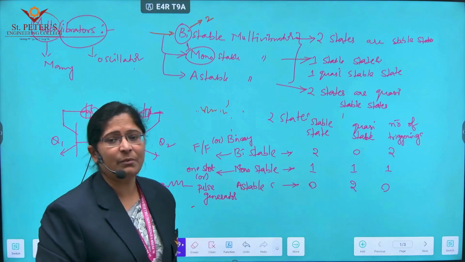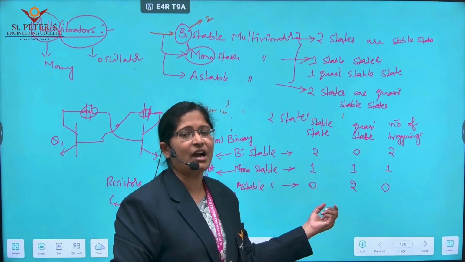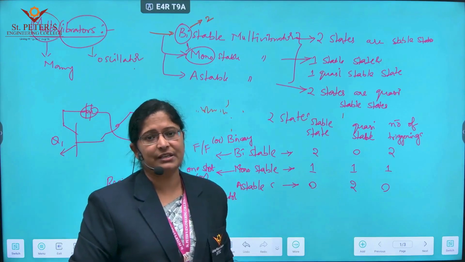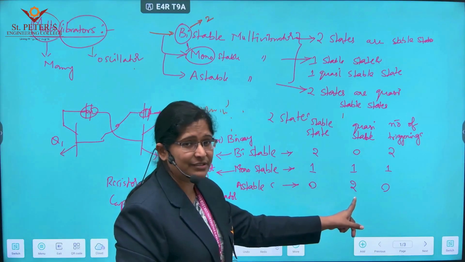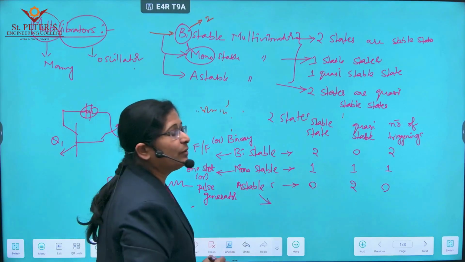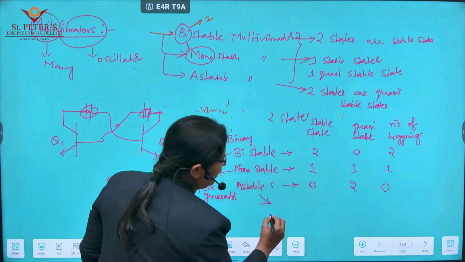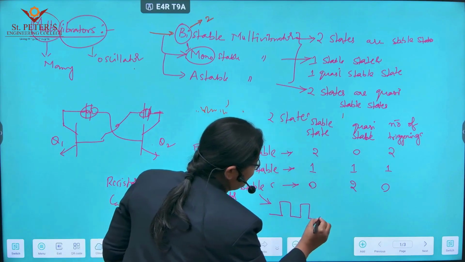Coming to the astable multivibrator, as we don't have any stable state, the output continuously changes from one quasi state to another without applying any triggering. It generates a square wave, continuous oscillations of square wave. Your output is like this in an astable multivibrator.